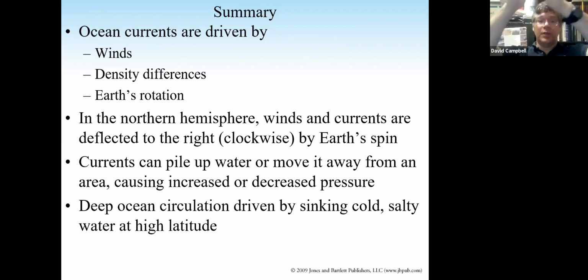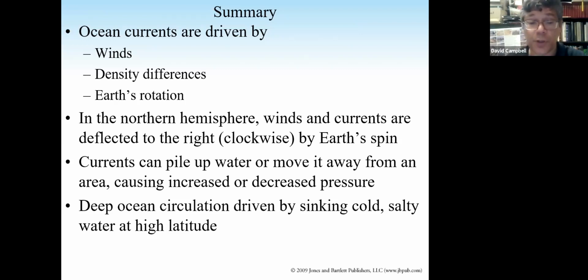If we have currents coming together, that brings in extra water. Should get a little bit of a bulge, and that will give more pressure, water tending to sink there. Currents moving apart, diverging, that's less water, less pressure. We'll get a bit of a depression, and deep water tends to rise there.